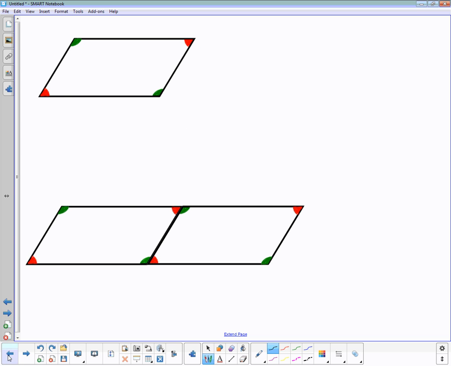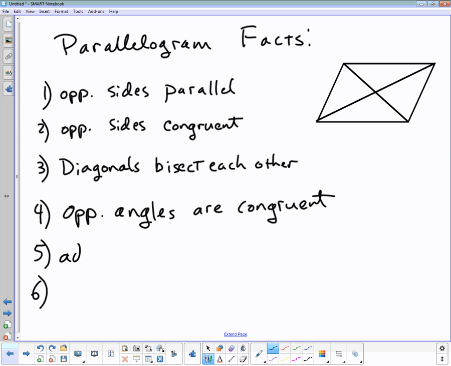And let's go back here and add that in here. So adjacent angles are supplementary.